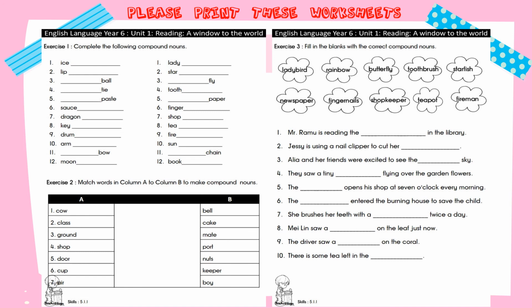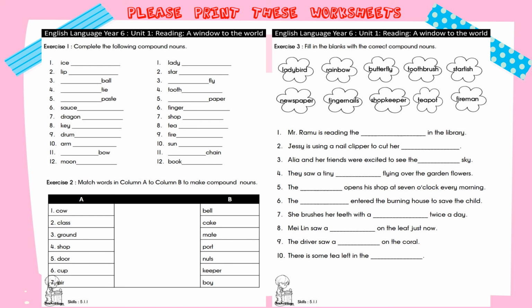So, look at your third worksheet. Fill in the blanks with the correct compound nouns. Okay, you have to read the sentence and fill in the blanks with the correct compound nouns. Number 1, let's try. Mr. Ramu is reading the ... in the library. Okay, the newspaper.